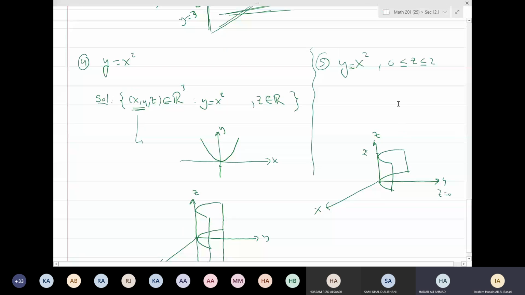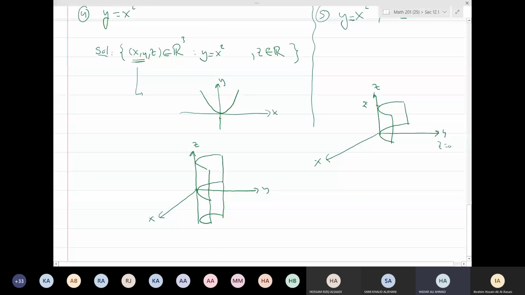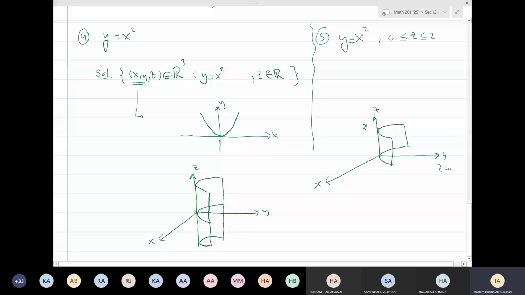There will be parabolas between them, not lines. You are just translating the parabola from the floor to the second floor.